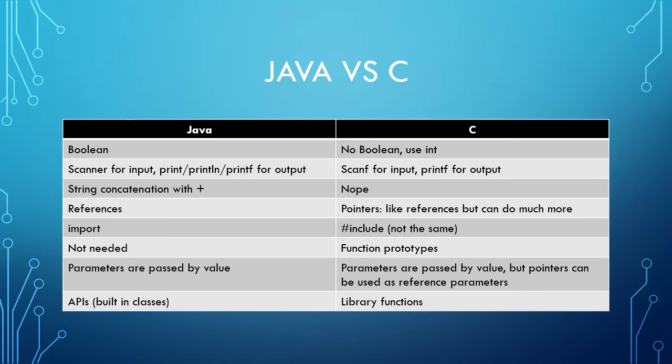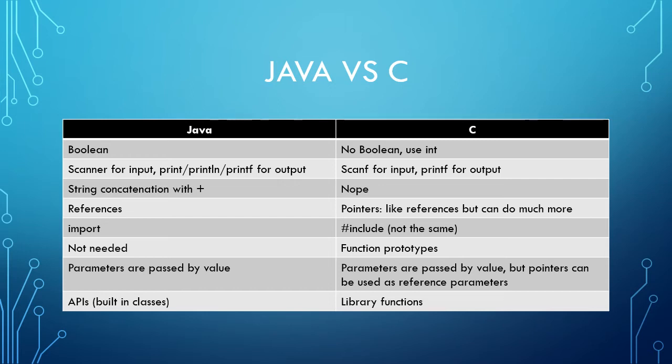And call by reference is what we have in Java when we pass a reference. The reference itself is passed by value, but the object it's pointing to can be modified inside the called function. We can do that in C manually by creating reference parameters with pointers.